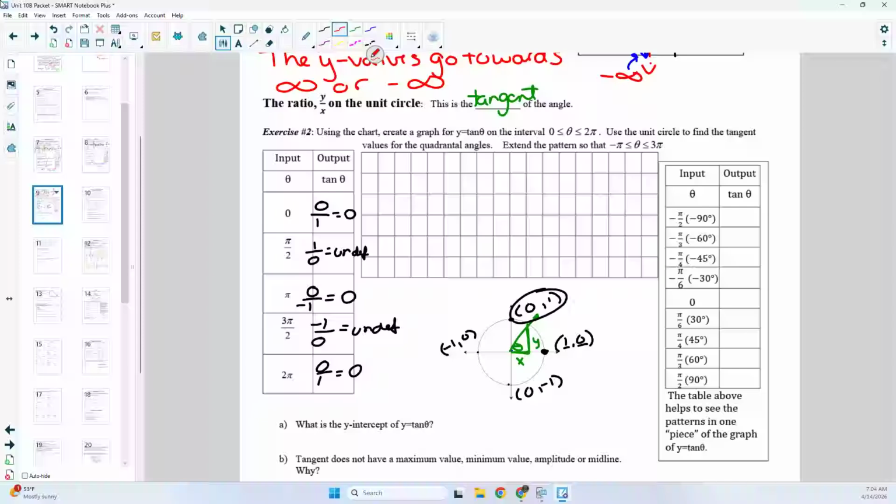So we really do not get a lot of information about this graph. My axes are around in the same spot, because basically I have zeros and a bunch of undefined. So it's really hard just from this basic table to see what's going on. So I'm still going to use those same scales as I did on the other page.